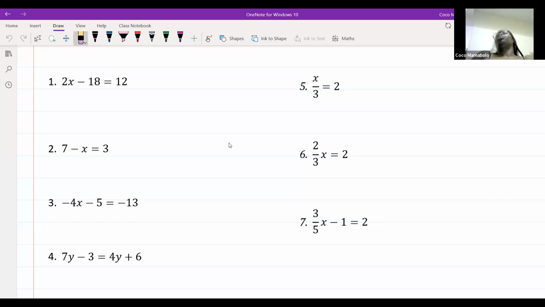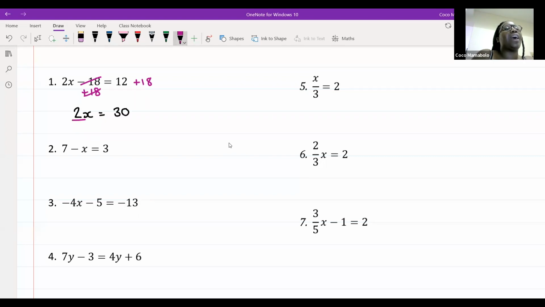All right, so we can either take negative 18 over the equal sign and make it positive 18, or we can add 18 on this side, and what we do to the left-hand side we need to do to the right-hand side as well. So negative 18 plus 18 gives me 0, and I end up with 2x is equal to 12 plus 18, which is 30.